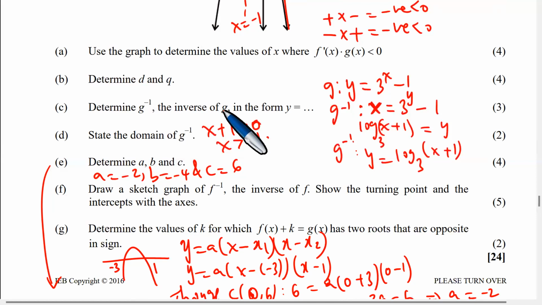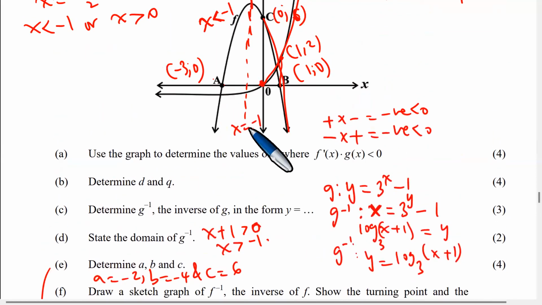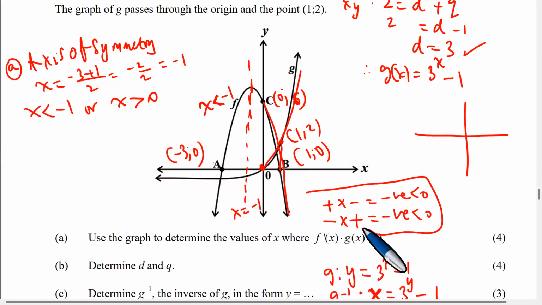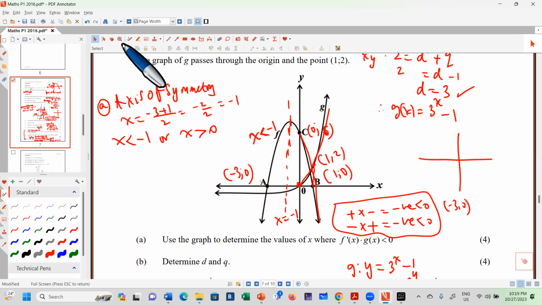It's easy to find the inverse of f. You just switch these coordinates. For the inverse, you have minus 3, 0, and then you'd have the following.